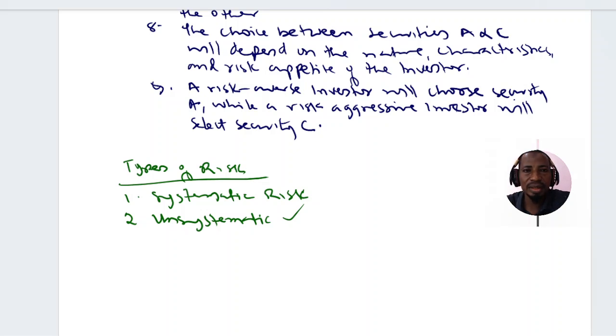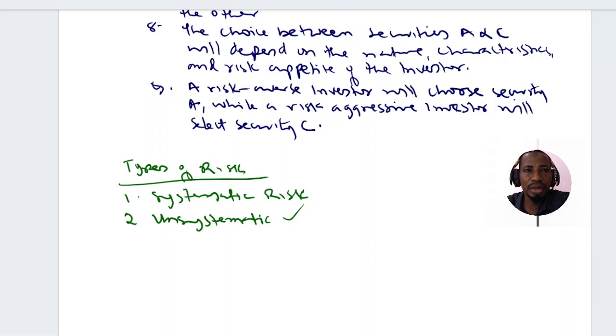The events that can cause unsystematic risk include: number 1, regulatory changes; 2, management change; 3, product recall; 4, dependence on limited products; 5, you can also have poor location. If a company is not strategically located, it can result in losses to the company, which is a risk.